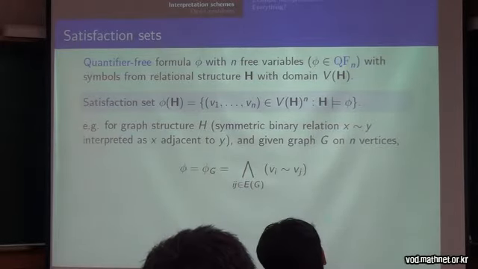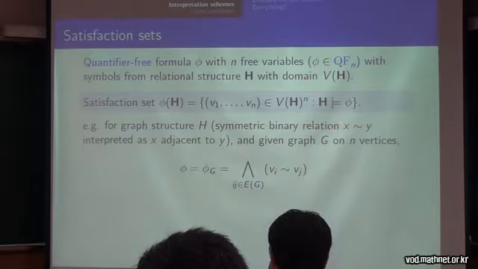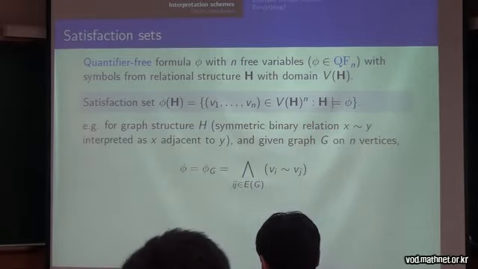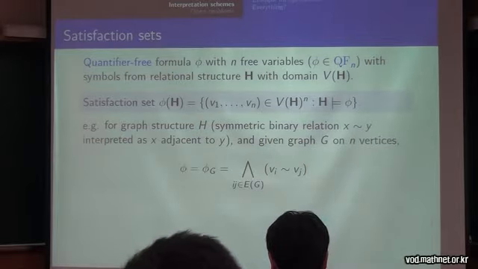Now, a relational structure includes things like a graph structure, which is given by a symmetric binary relation telling you whether two vertices are adjacent. But in general, you can have other binary relations, unary relations, ternary relations, any sort of finite arity of relation.